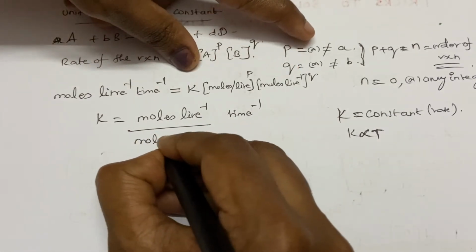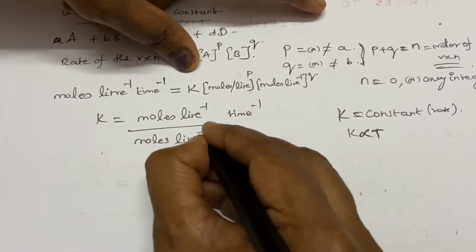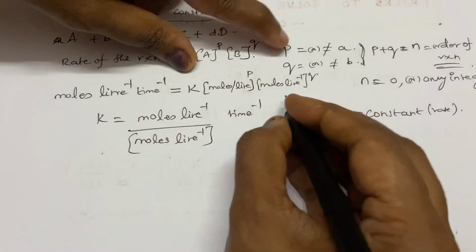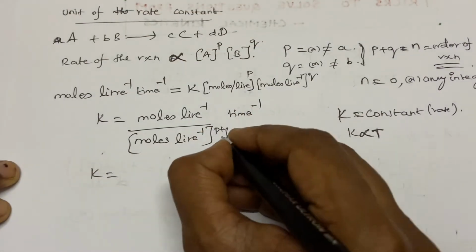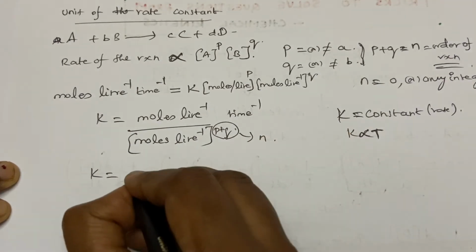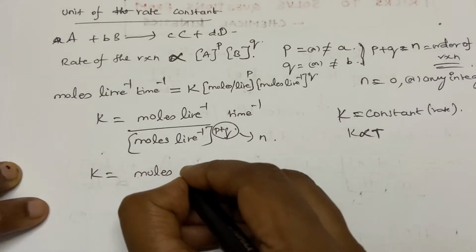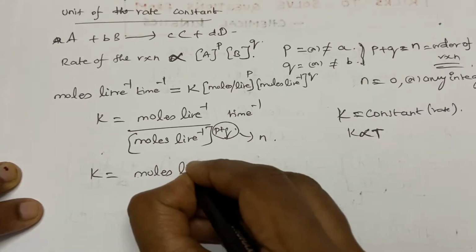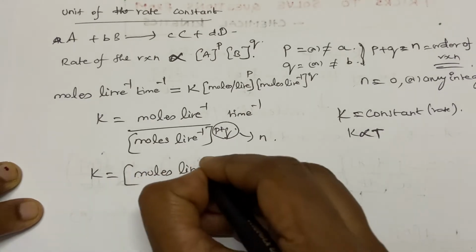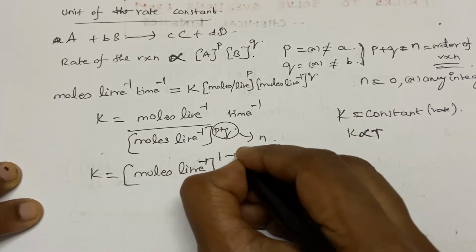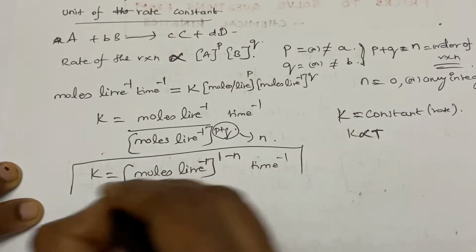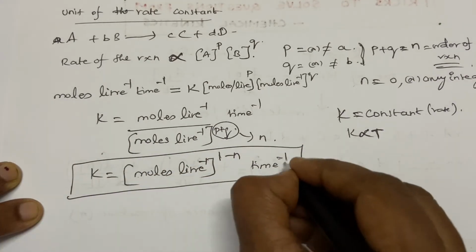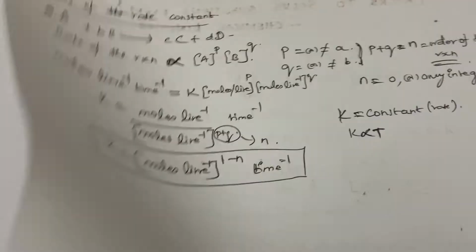So I am going to write it as liter inverse to the power P plus Q, and you know what is P plus Q? P plus Q is equal to n. So I am going to write it as moles per liter to the power 1 minus n.